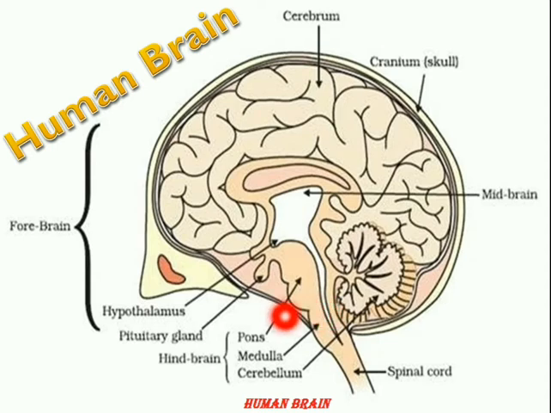So pons, medulla and cerebellum are the three main parts of hindbrain, and then medulla comes out from the brain and runs into the vertebral column in the form of spinal cord. You can see that the spinal cord continues into the vertebral column and is protected by it. So this is about the structure of the human brain.